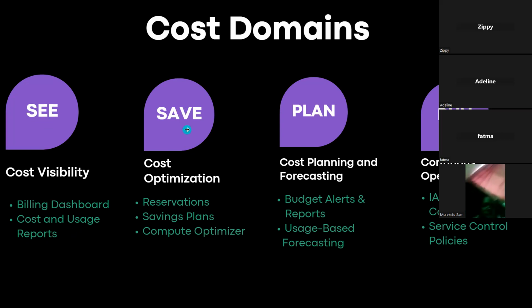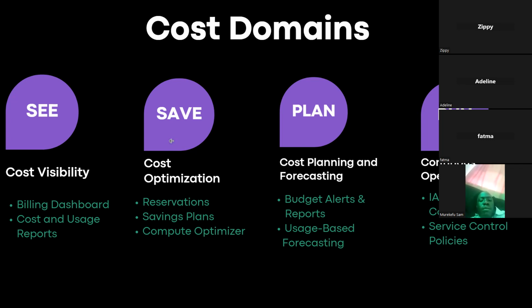The second aspect is on saving. So once you see your running cost, this is what I'm spending in my account, then the second aspect would be how do I save, how do I reduce this cost actually. And there are a number of offerings that are available to you in AWS.